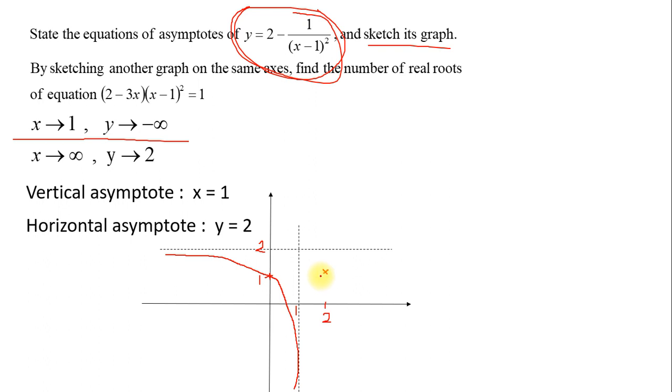So from negative infinity, you go up, something like this, right?